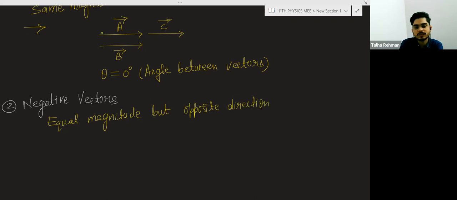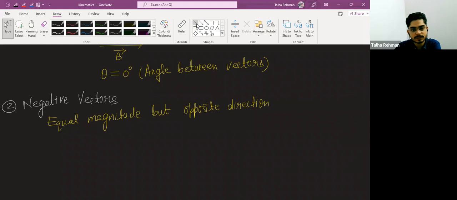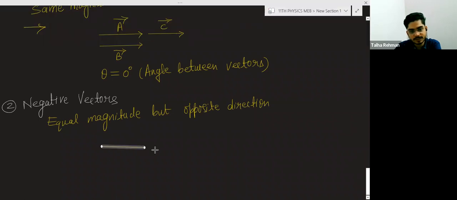What is the meaning of this? Means suppose you have a vector like this and a vector like this. Suppose this is A vector and this is B vector.